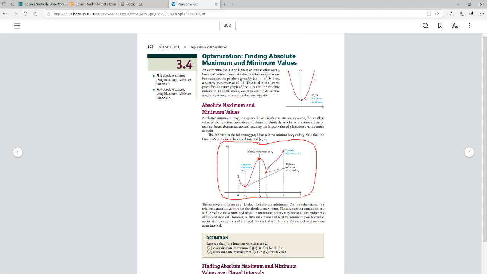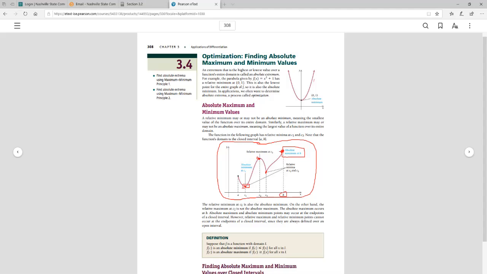Well, notice that this point on the far right, since the graph is cut off here, I know it's cut off because it has a solid dot there, the graph never goes any higher. So at x is equal to b, that would be the absolute maximum point. Also, our original point at c sub 1 is the absolute minimum point. On this closed interval, there is no point lower than that at x is equal to c sub 1.